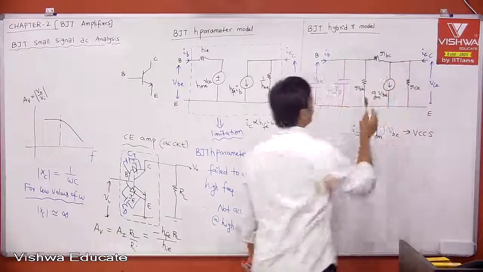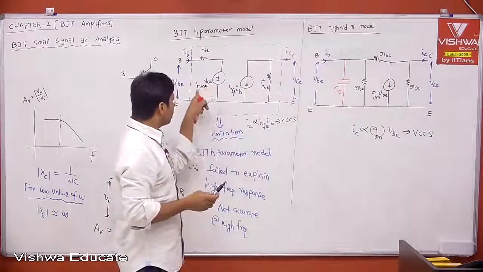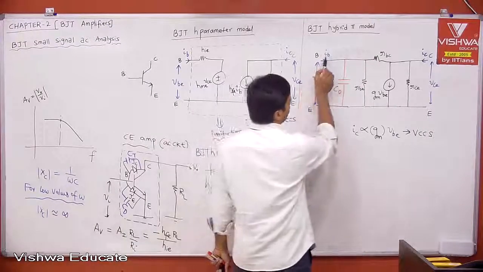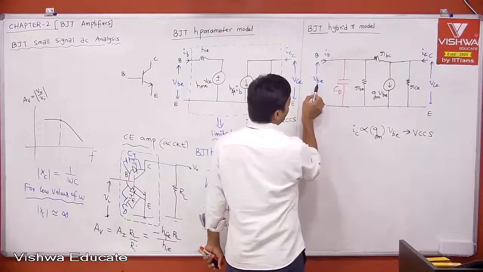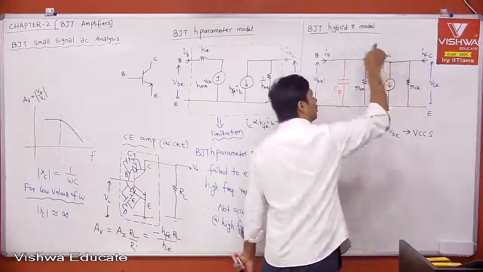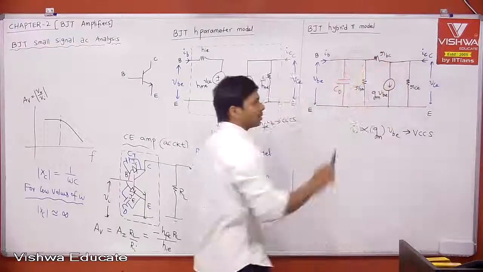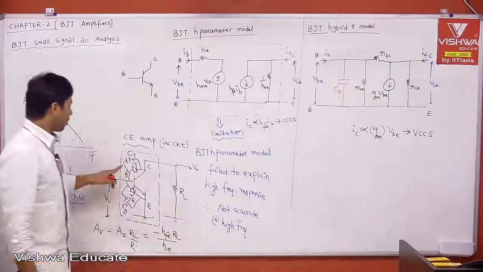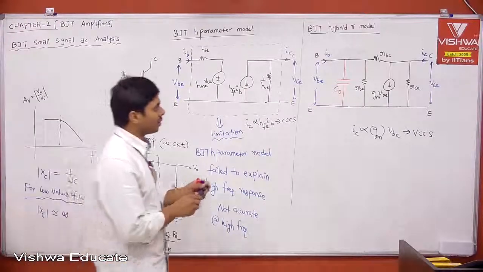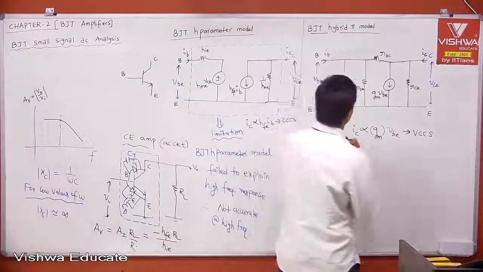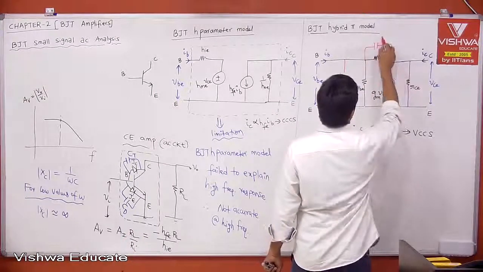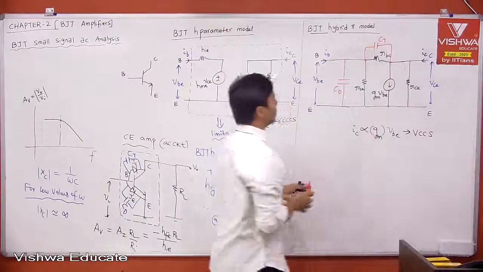Indirectly, this is explaining the HRE into VCE, because if you calculate IB, your IB is not only a function of VBE, it is also a function of VCE because of the bridge between collector and base. And we have capacitance between base and collector, that is the reverse bias capacitance CT. Therefore, CT is added here. This is nothing but your CT, the transition capacitance.